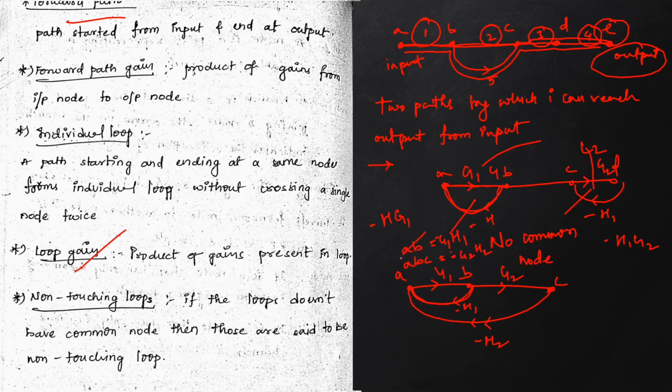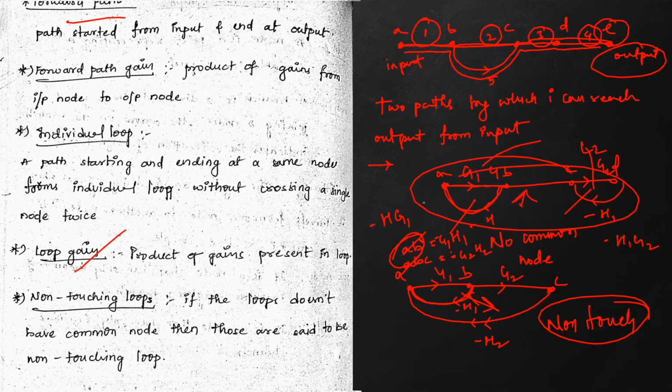But here, if you see, AB is common, so these two loops cannot form non-touching loops. They are not non-touching loops because they are touching each other. Non-touching loops means they should not touch each other, as in the earlier case.